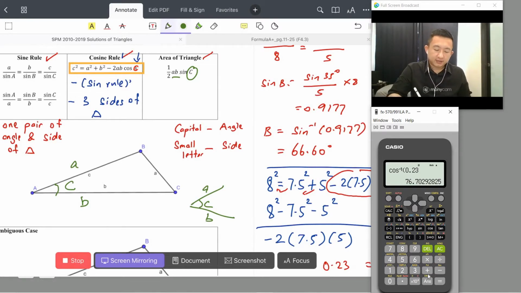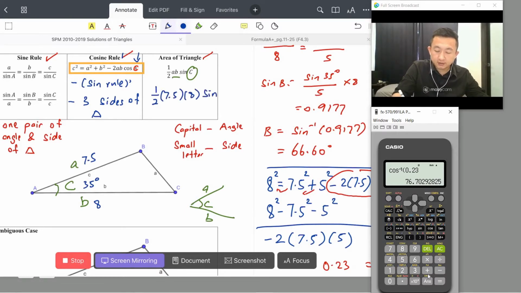Okay, so let's say this is 35. I used the example just now. 35 degree. This is 7.5. This is 8. You put in 1 over 2, 7.5, and also 8 and sine 35. That will give you the area of the triangle. Now this one is quite simple.